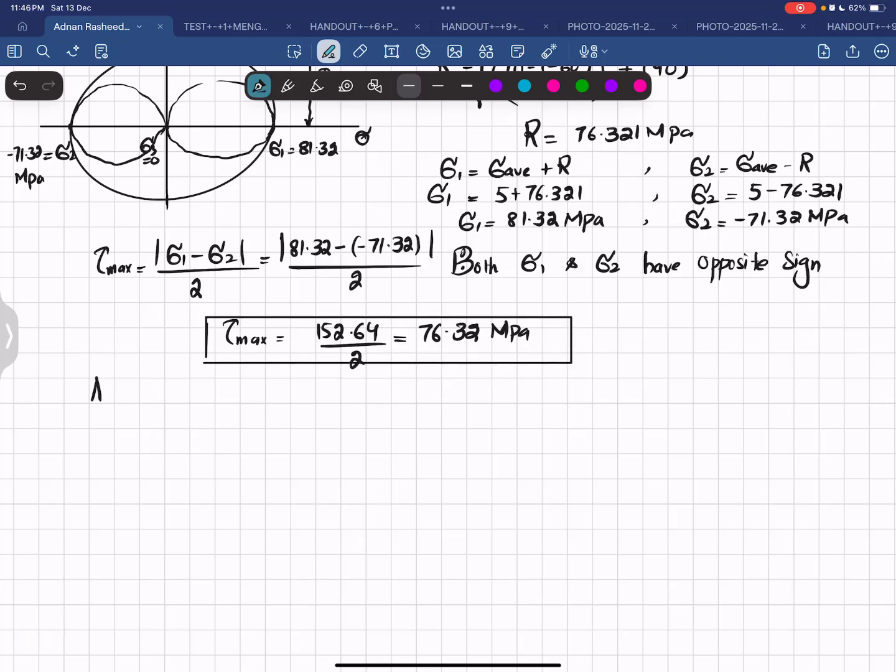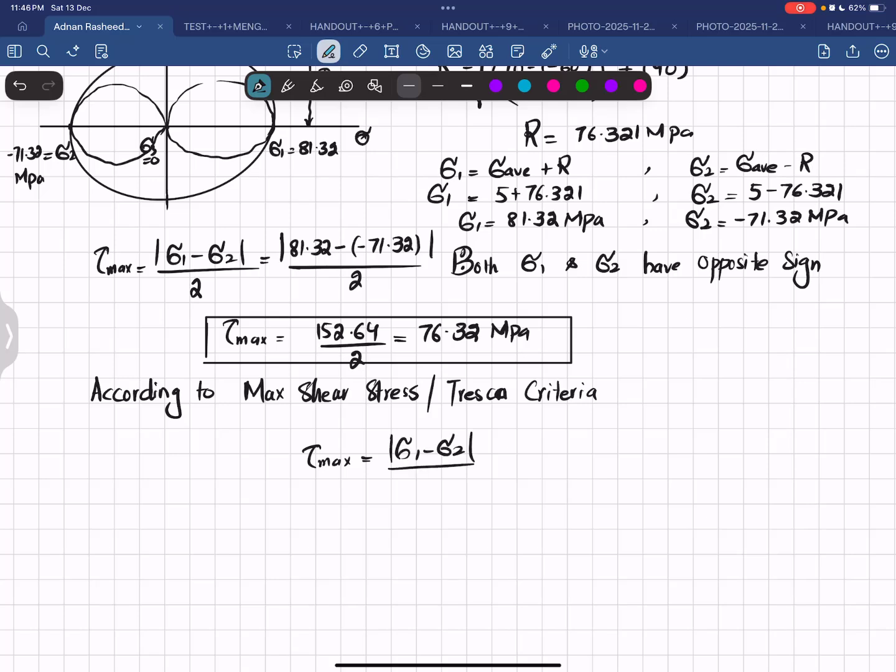Now we have this value of maximum shear stress. So according to the maximum shear stress theory, which is also known as Tresca criteria, if sigma 1 and sigma 2 have opposite signs, then the maximum shear stress, which is equal to sigma 1 minus sigma 2 divided by 2, should be less than or equal to sigma yield divided by 2.